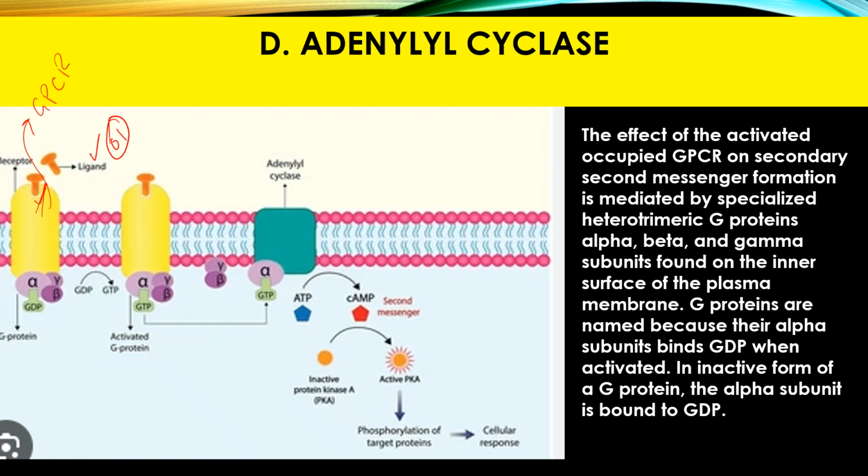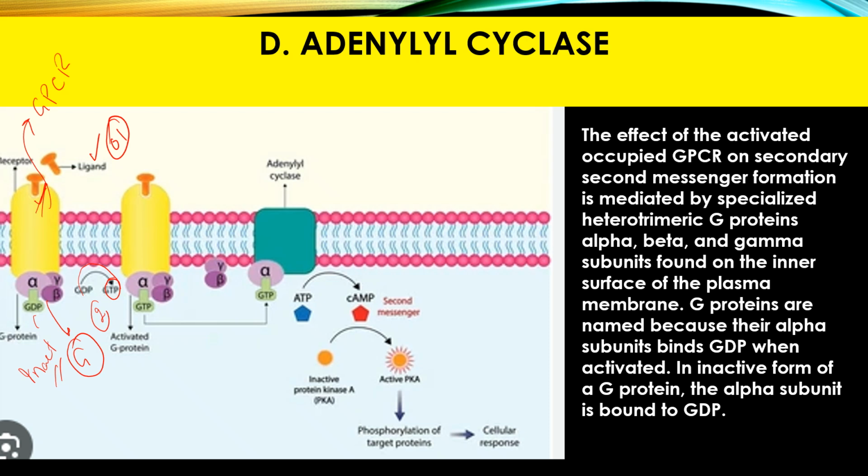Because of the attachment of the ligand with the receptor site, intracellular changes occur. This is the G protein, which is present intracellularly. You can see that alpha is attached with the GDP. Now it is inactive.